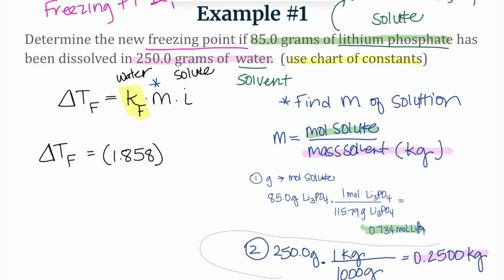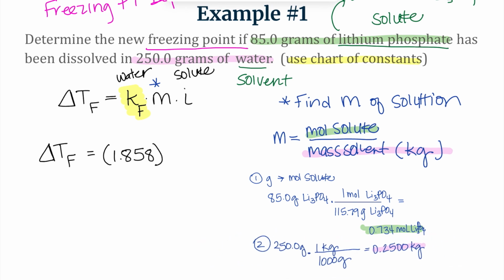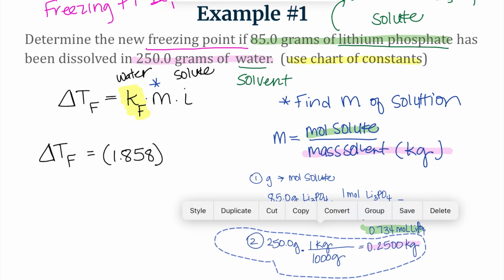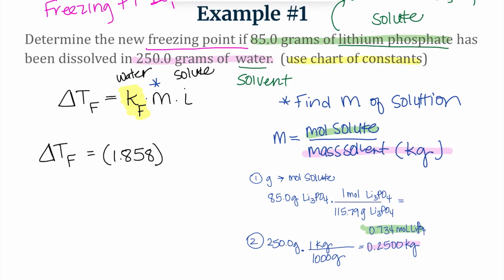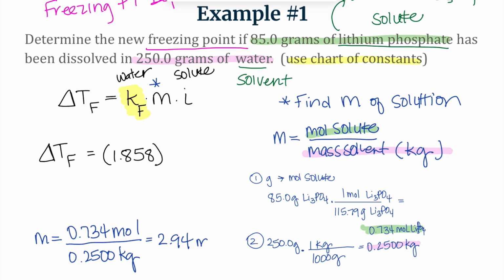So now I can find that molality using that information. So my molality equals the moles of the solute, 0.734 moles, divided by 0.2500 kilograms, and I get 2.94 lowercase m molality.